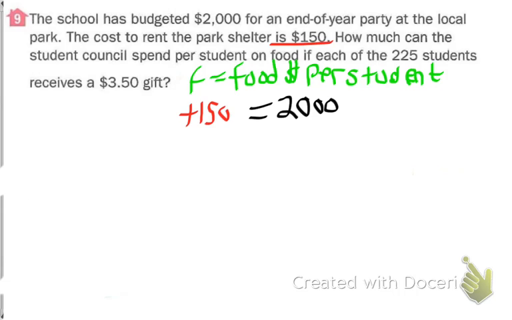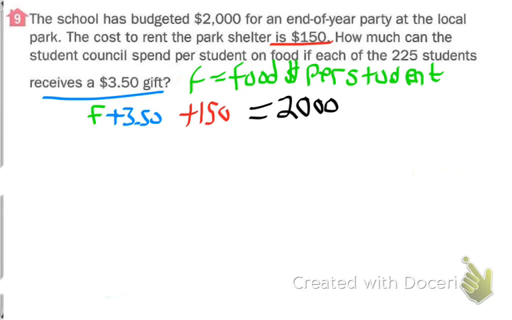One way to describe this that I think might make a little bit of sense is they are getting food, so they're going to have the cost for the food per student, and every student is also going to get a $3.50 gift.